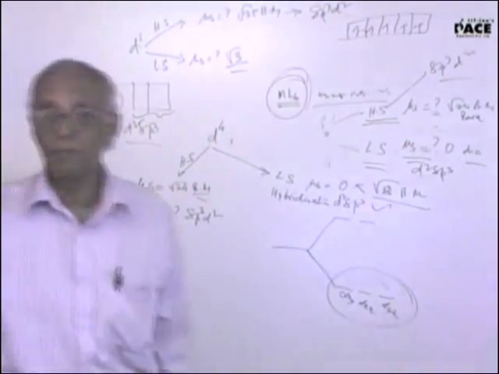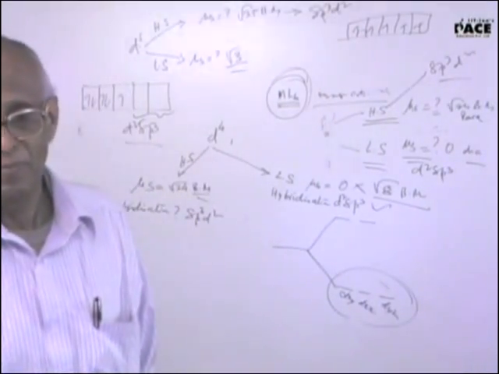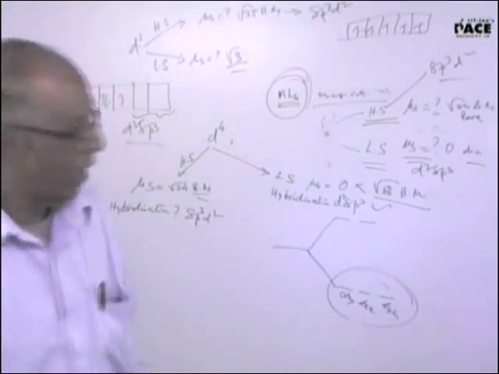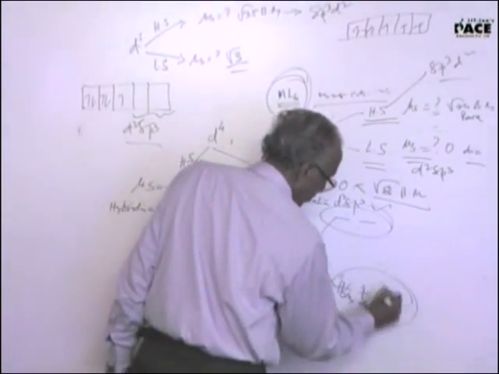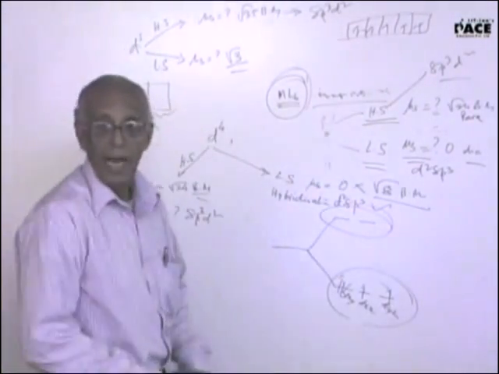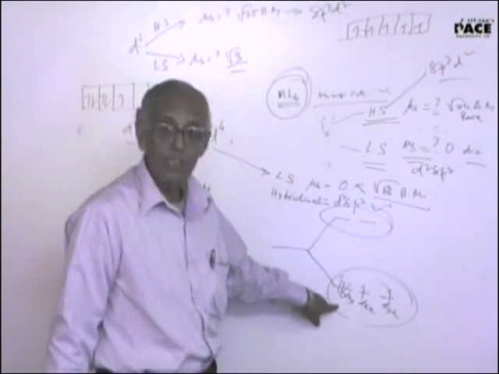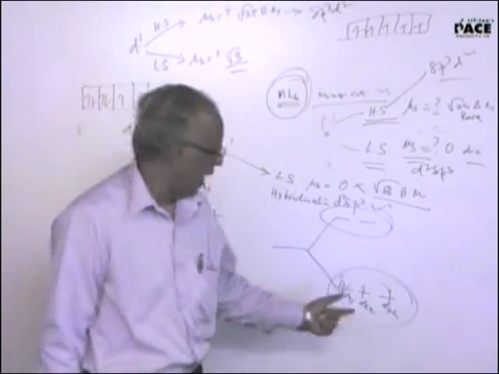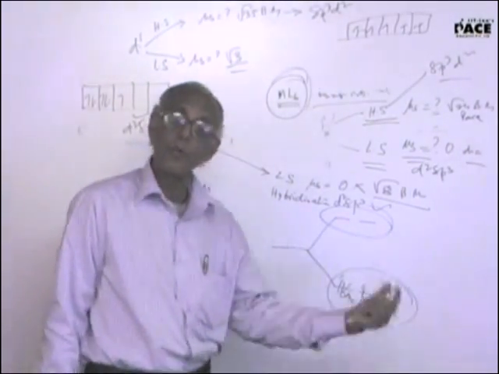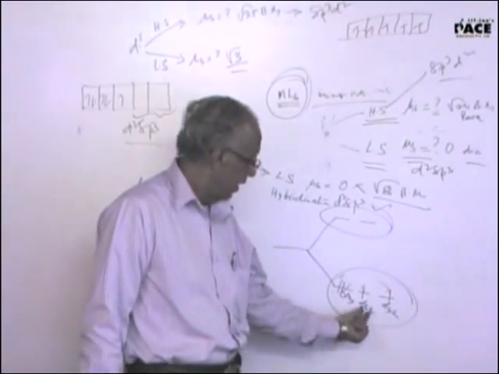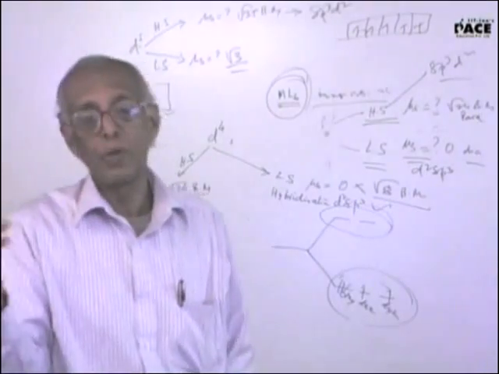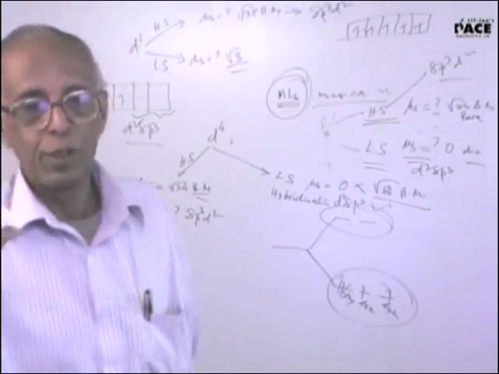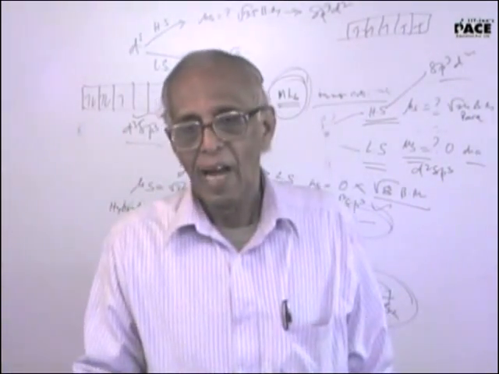And what will be the hybridization? d2sp3, because these two d orbitals are not occupied. Now I have written here dxy2, which does not mean they have equal energy. They have equal probability that two electrons could be here, here or here. You have 3 boxes and 4 electrons.